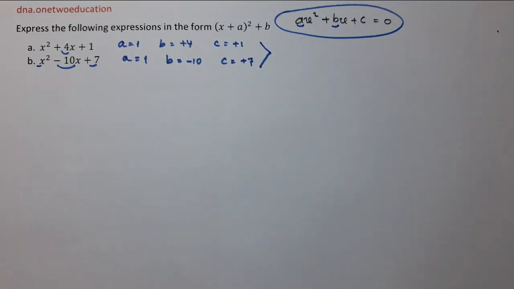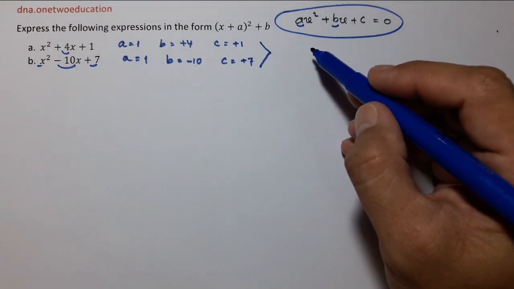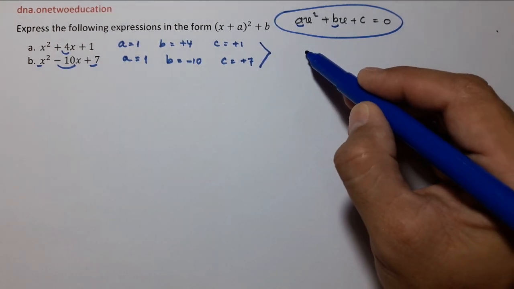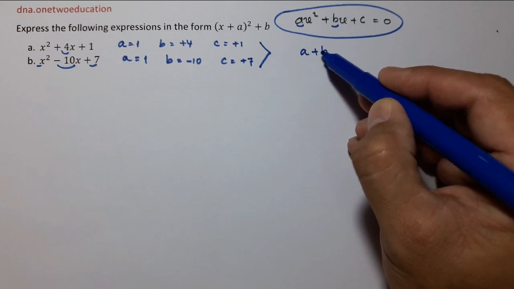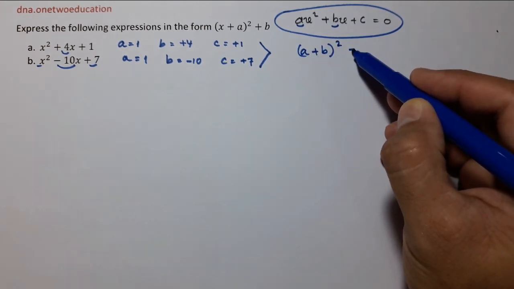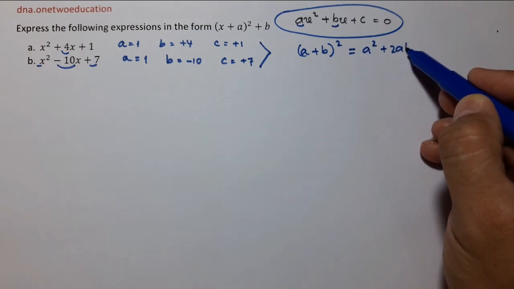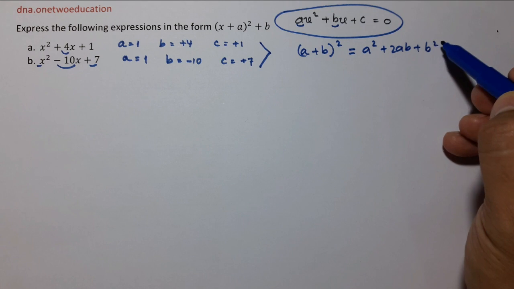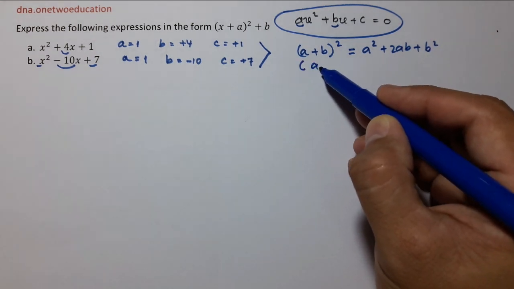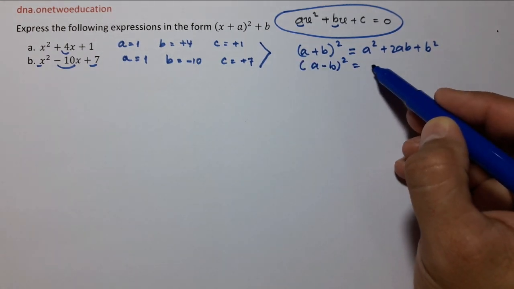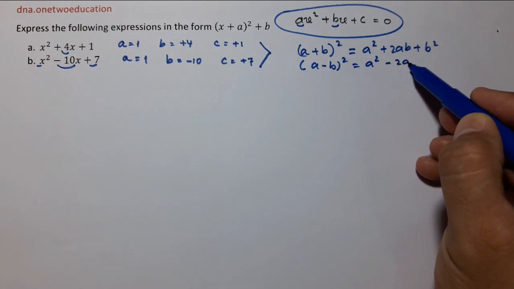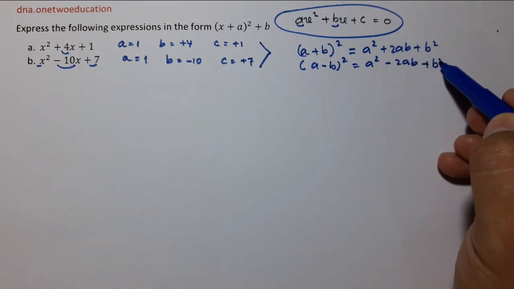As I mentioned at the previous slide, you have to remember the formula for a plus b squared: a squared plus 2ab plus b squared, and one more, a minus b squared is a squared minus 2ab plus b squared.